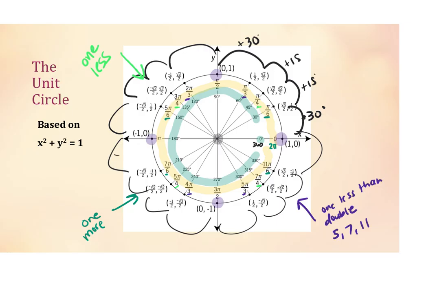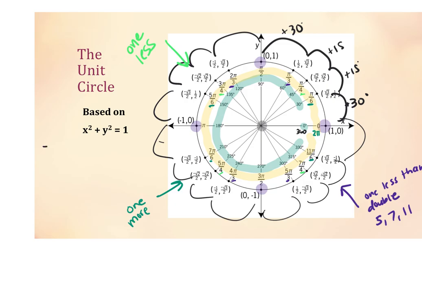And then every single special angle has a special coordinate point next to it. Every over 6 has the coordinate point root 3 over 2 and 1/2. This comes from a special right triangle, a 30, 60, 90, which we'll talk about when we get to 4-3.